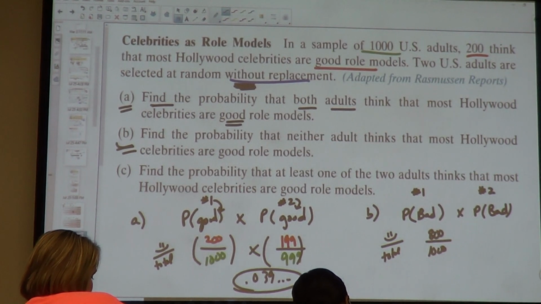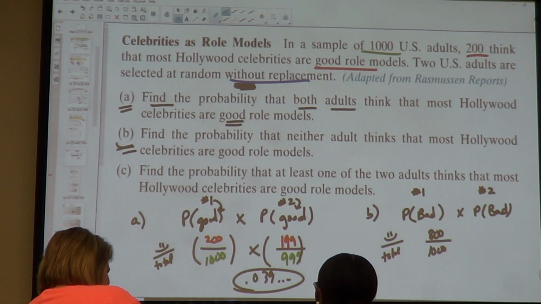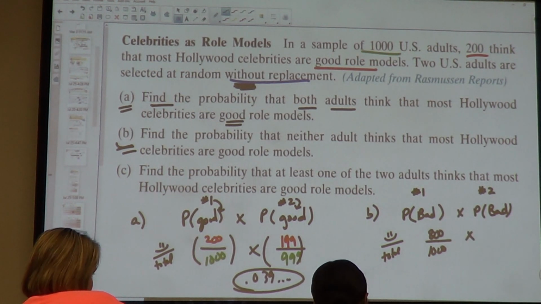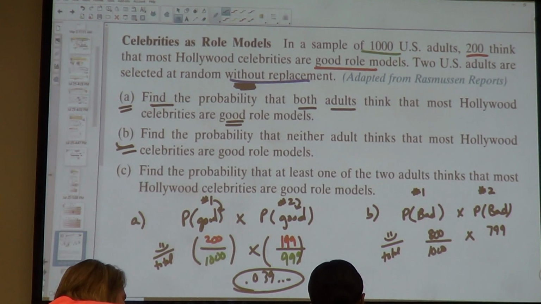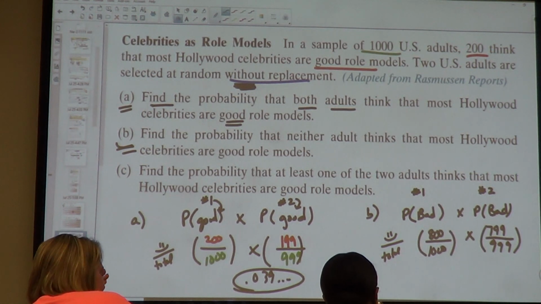And because there's no replacement, once we take bad Leroy Brown, how many are left to pick from that are bad? 799, because Leroy Brown is off the list. And still without replacement, 999 total. Multiply both of those.